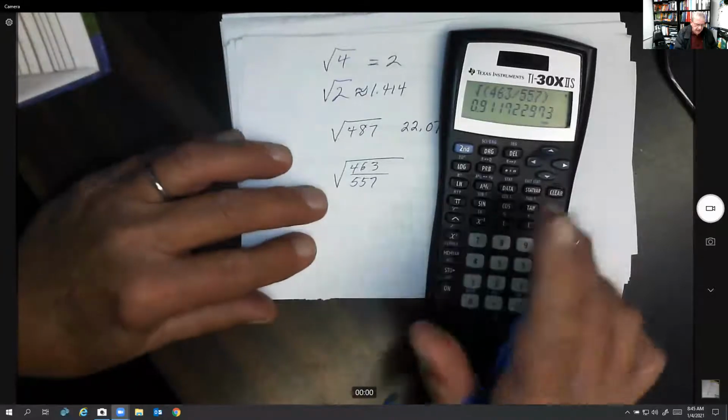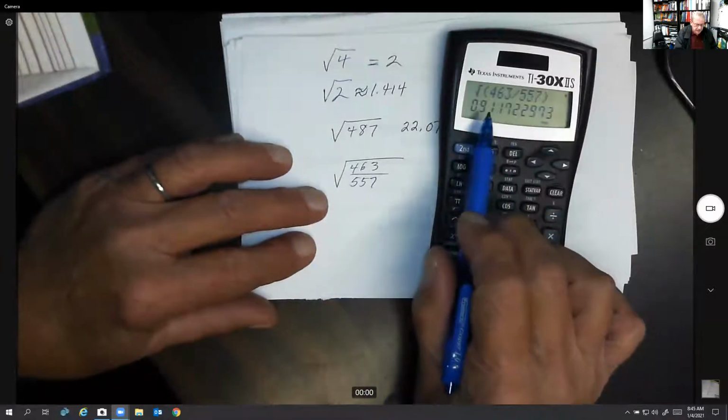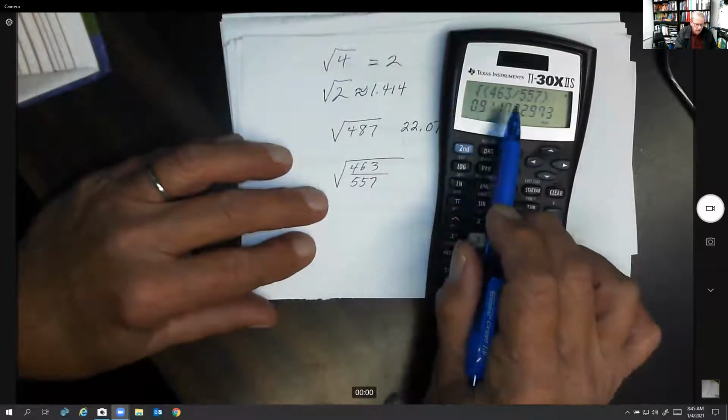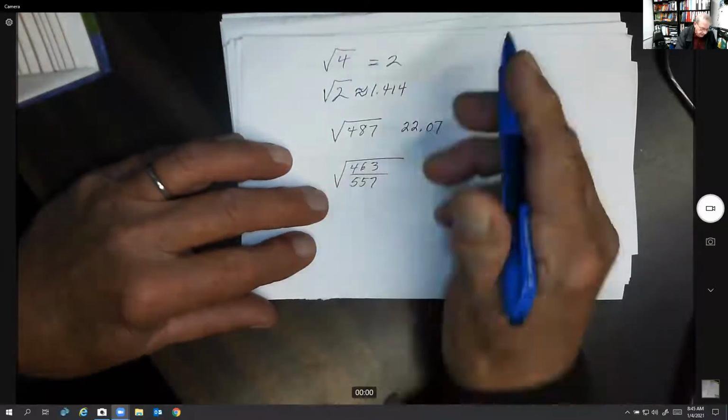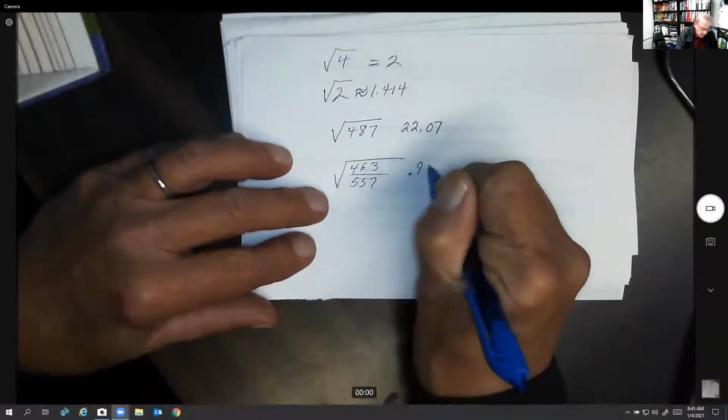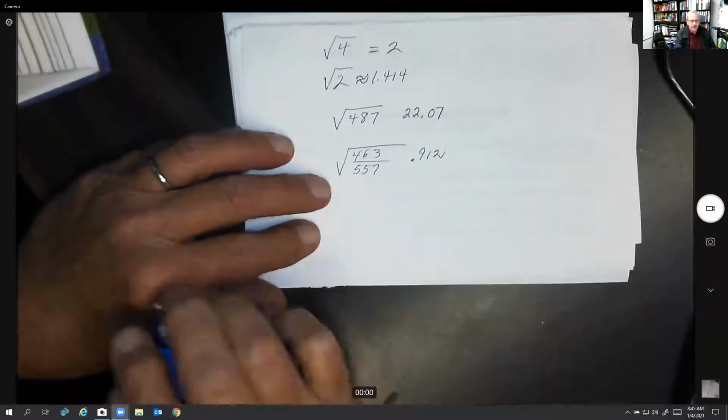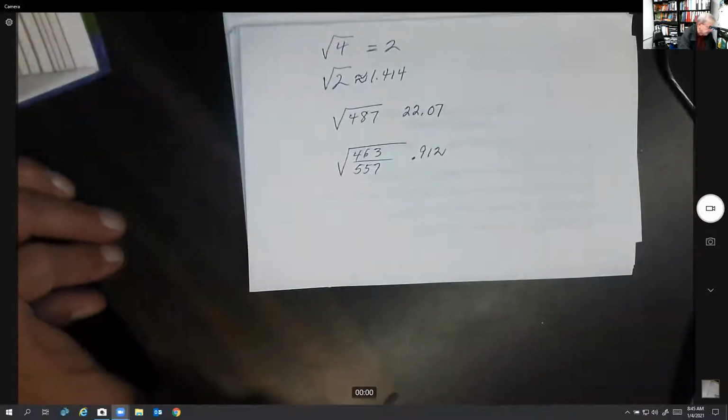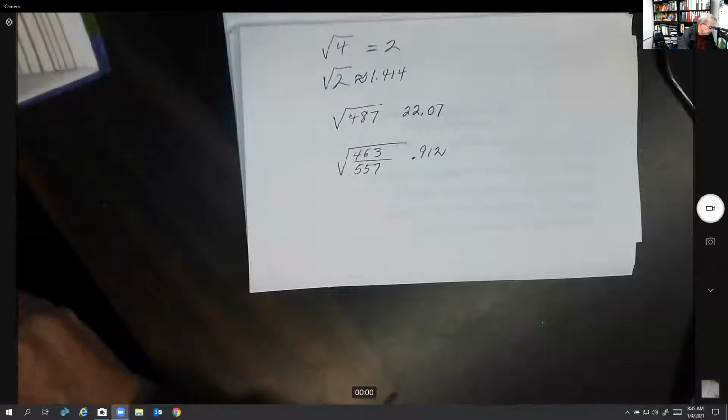So if I want to go out to the thousandths place, 3 decimal places, it would be 912 thousandths, after rounding up.